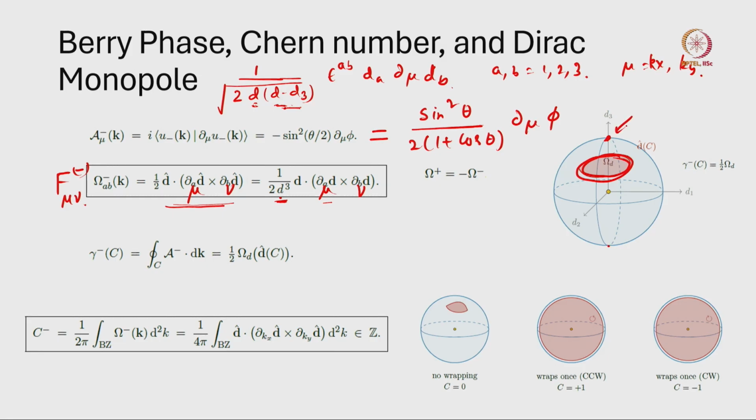So, this point corresponds to D equal to minus, or maybe it is the other way, and this is D equal to D3. So, south pole and north pole lie at D equal to plus D3 and minus D3.